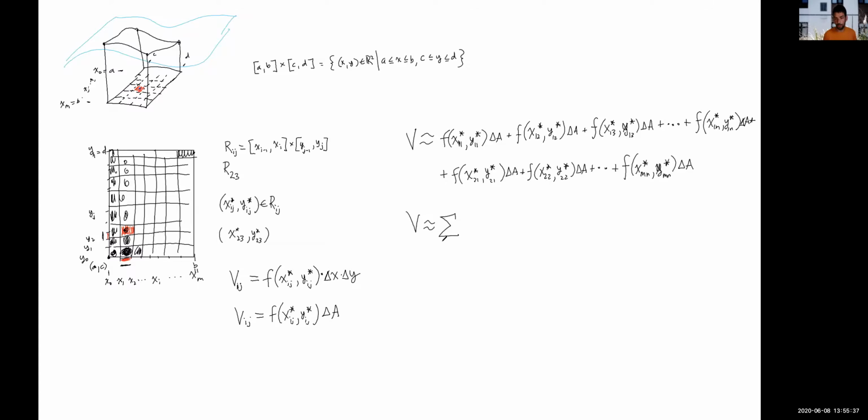So we're going to have i equals 1 to m, that's our x values, j equals 1 to n, and we'll do f of x i,j star, y i,j star, delta A.